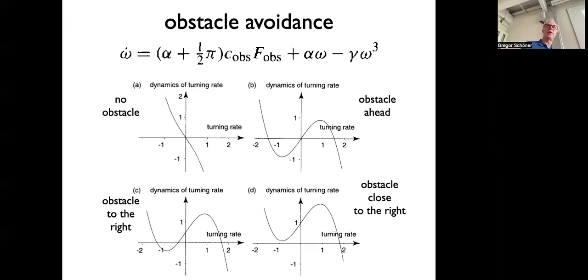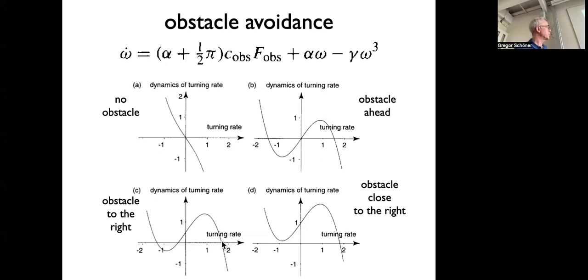We could either turn to the left or to the right. And we have two attractors, one for positive turning rate, one for negative turning rate, but definitely going straight is a repeller. So you don't want to go there. And now this will be when the obstacle is on the right, and it is close enough to matter, then we would have a turning imbalance.